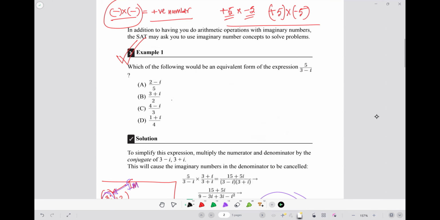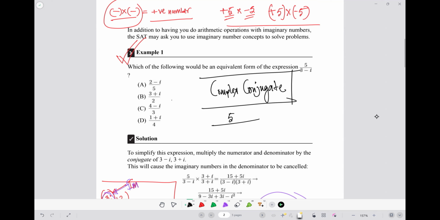We introduce a concept called the complex conjugate. If it is saying like this, then you just need to take the complex conjugate of the denominator.